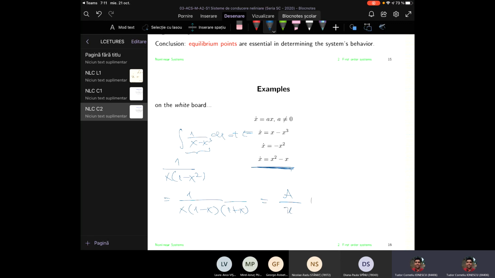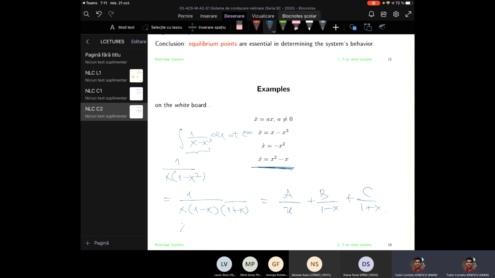This is ax plus b over 1 minus x plus c over 1 plus x, and these are very easy to get. Either you compute the common denominator, or you just use residues, because x = 0, 1, and minus 1 are simple poles of this rational function. Okay, we can still call them poles.